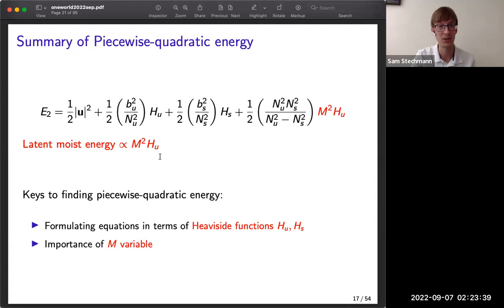It has this cool latent energy with m squared. Looking back, I feel like the keys to finding this were writing the equations in terms of the conserved variables and the Heaviside functions. This m variable came up, and it'll come up again in this talk. I feel like this is an interesting new piece of the puzzle with cloudy fluid dynamics.